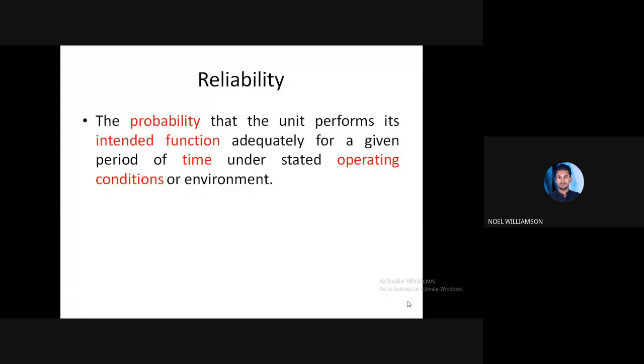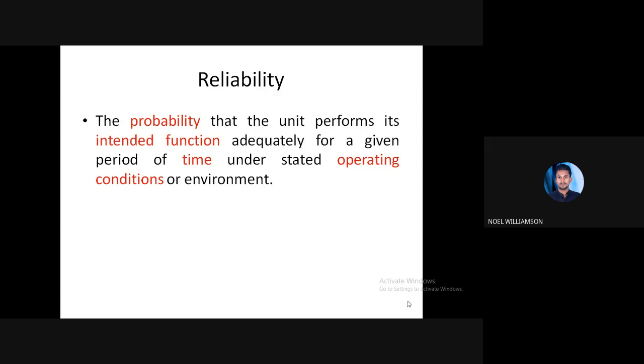And regarding the period of time, we have set 10 years. So for the 10 years, under the stated operating condition, which is the highway road we are using, what is the probability?